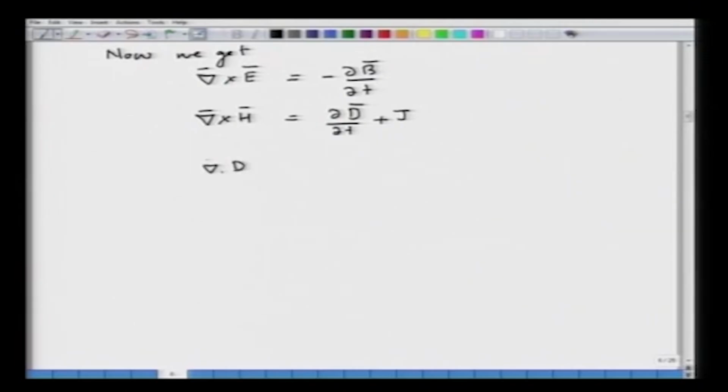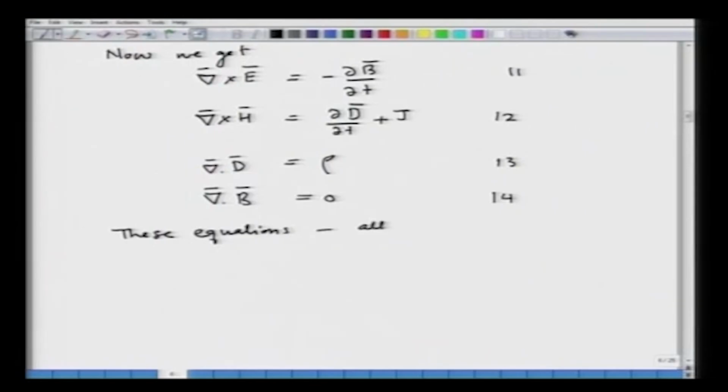Divergence of the displacement vector is basically defined by the charge density in the material, and divergence of the magnetic induction is going to be 0. Now, we are going to define these equations as 11, 12, 13 and 14. Now, these equations are basically defining all EM interaction with the material.